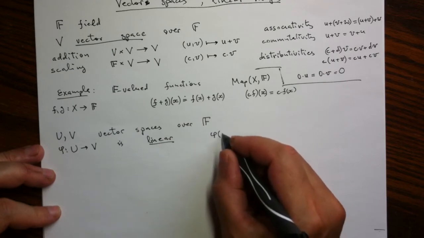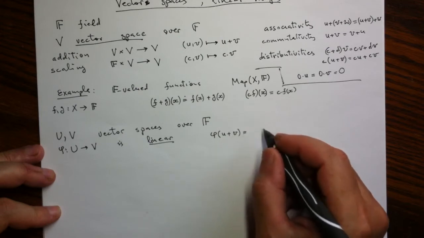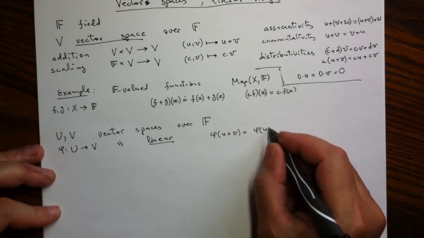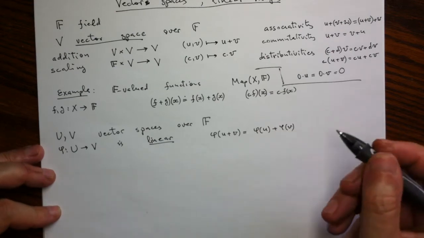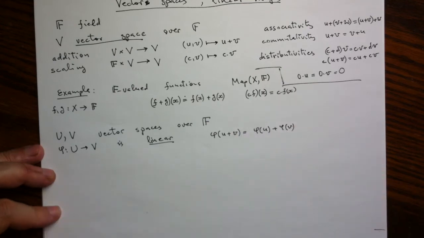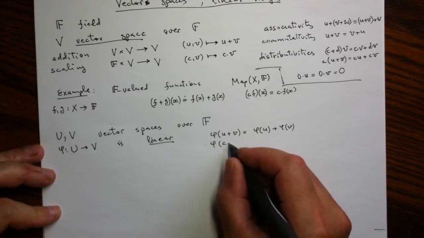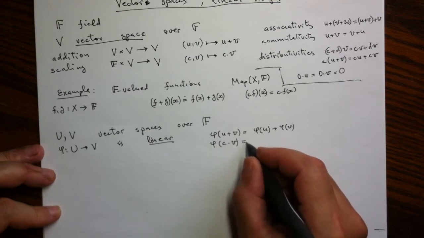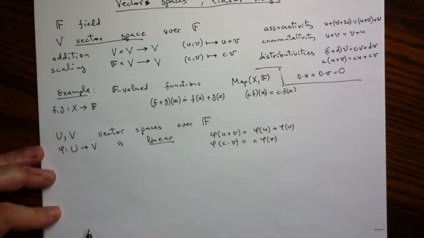First, it has to preserve addition, where u and v are arbitrary vectors in the source vector space U. And second, it has to preserve scaling, and that is the exact way it's supposed to preserve scaling.